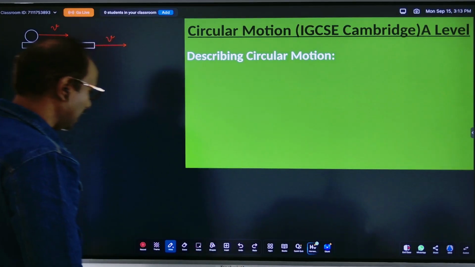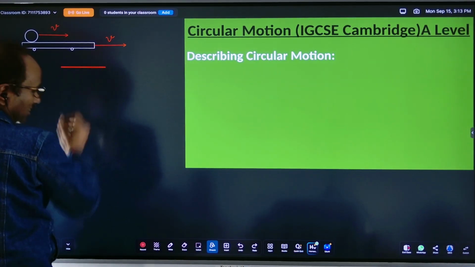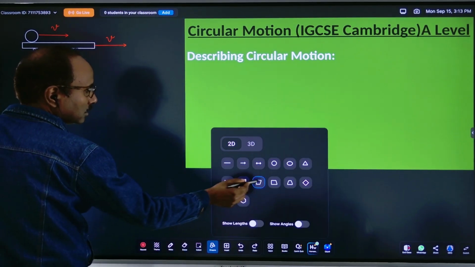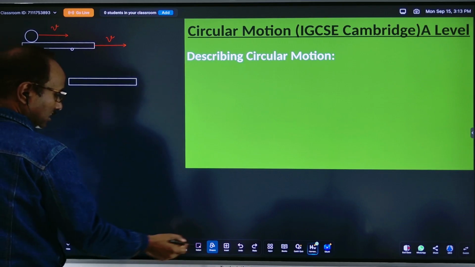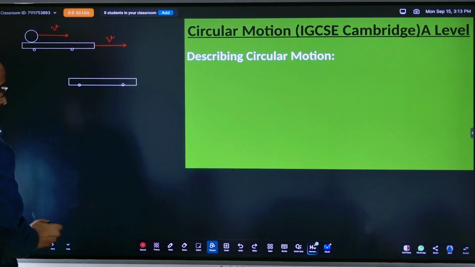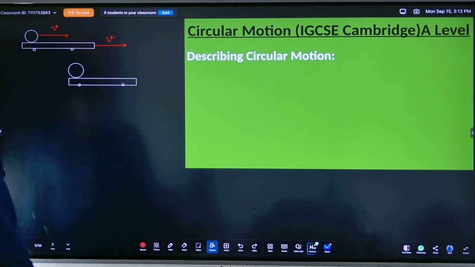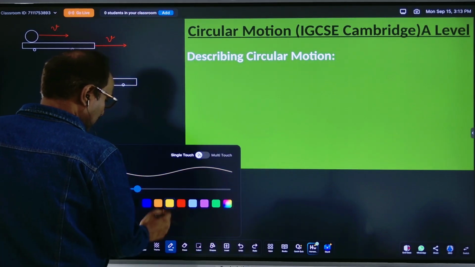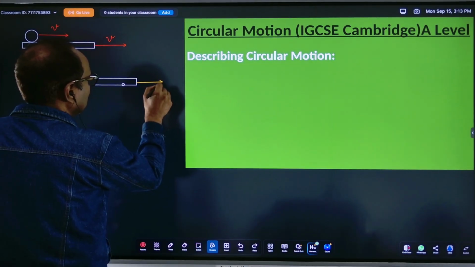When the brake is applied, let us say when your train was here, it applied the brake. Because of applying the brake, its velocity reduced to v prime, let us say.